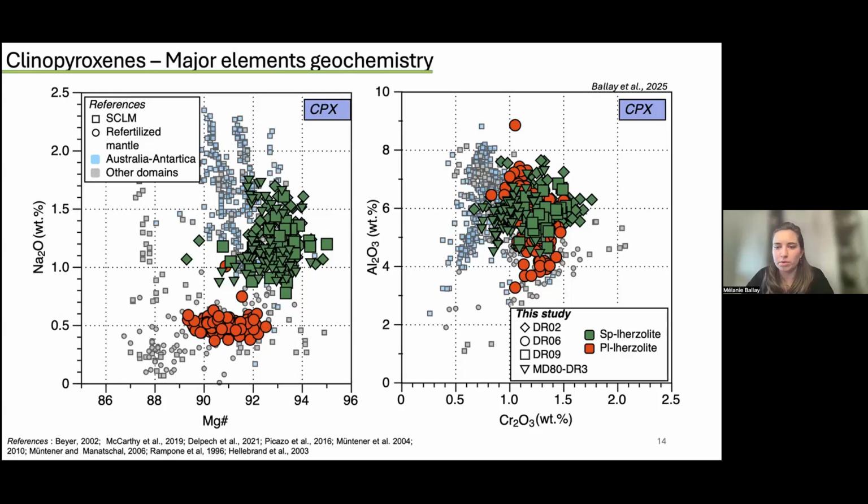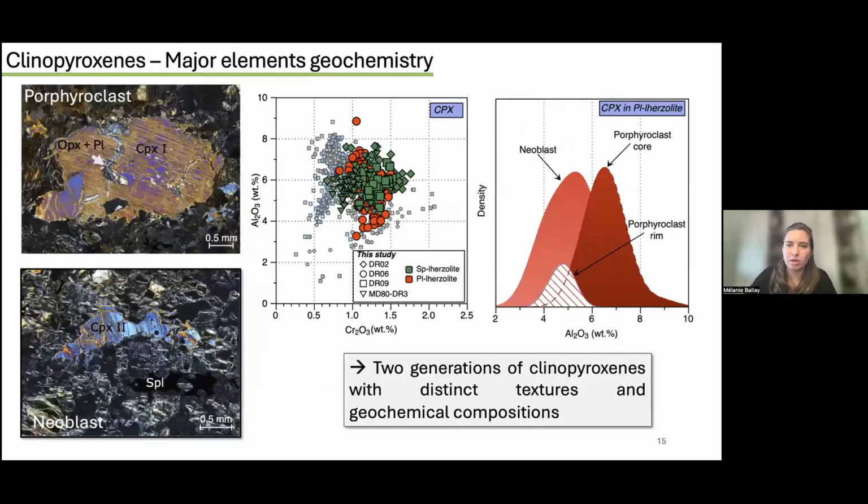In aluminium, you can see here that it's not so different, but if we make a difference between neoblasts and porphyroclasts, you can see here that it's really different, with a higher aluminium content in porphyroclast cores, only cores, because in plagioclase lherzolite you have the porphyroclasts and the melt was going in these rocks, so only the cores are preserved from these exchanges.